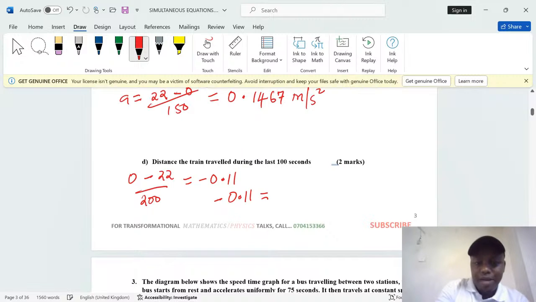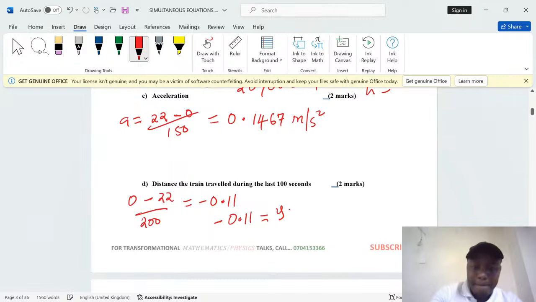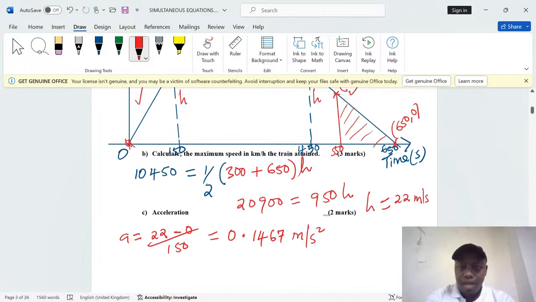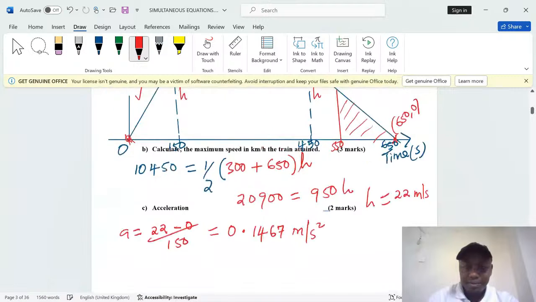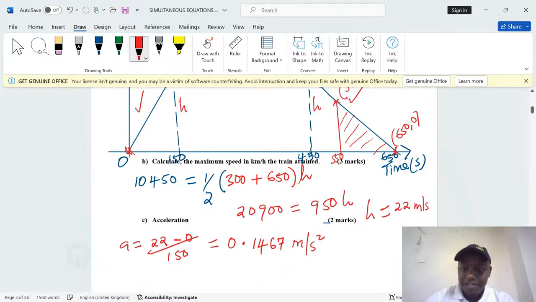we are also going to get negative 0.11. This will be given by change in y, so the unknown y minus 0, divided by 550 minus 650.